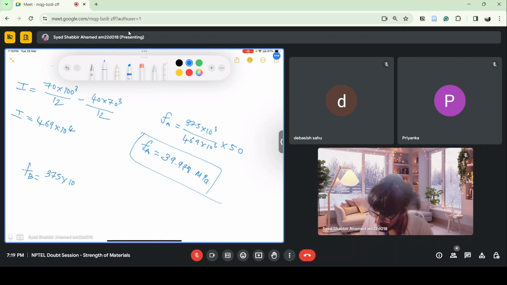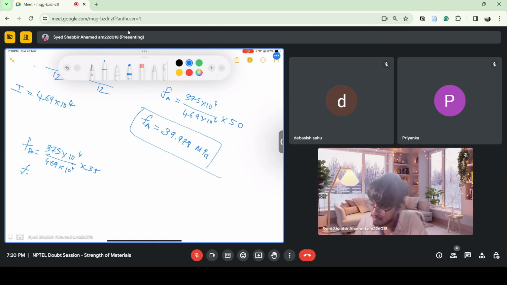Instead of multiplying by 50, the distance at which point B is from the neutral axis is 50 minus 15, which is 35. So this is 27 point something, 27.9857 MPa. That is the bending stress at point B.